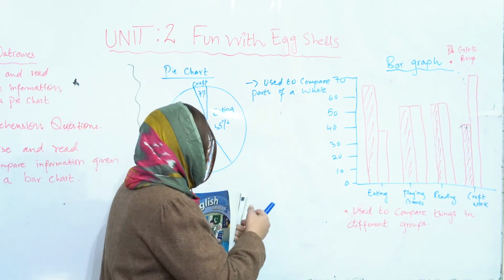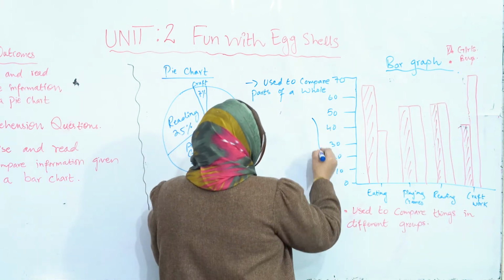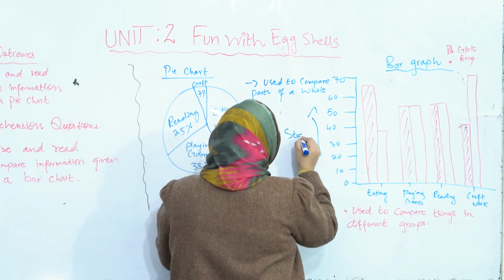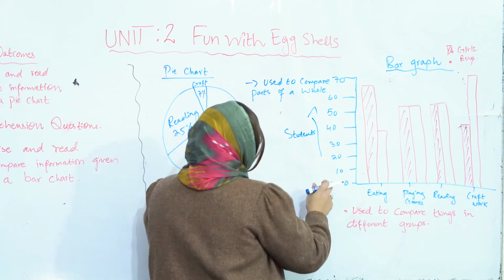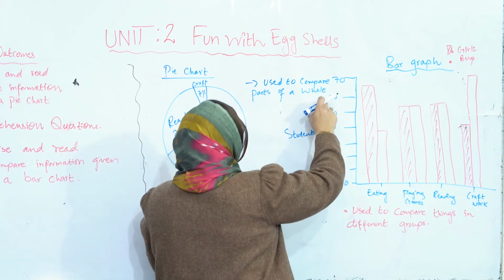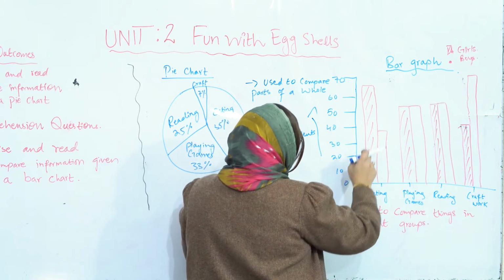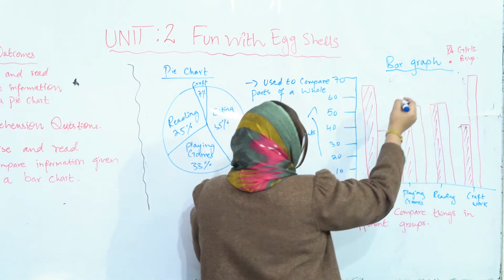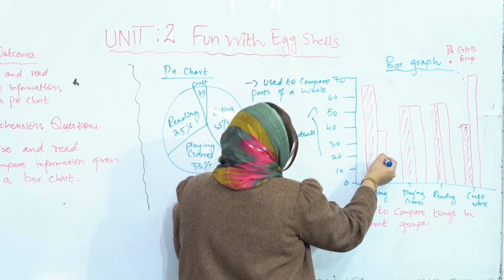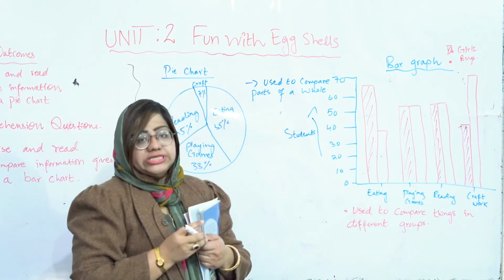I am writing here. These are the number of students: 10, 20, 30, 40, 50, 60 and 70. Here are the bars. For example, this lined bar is used for the girls portion and this plain bar is used for the boys portion.